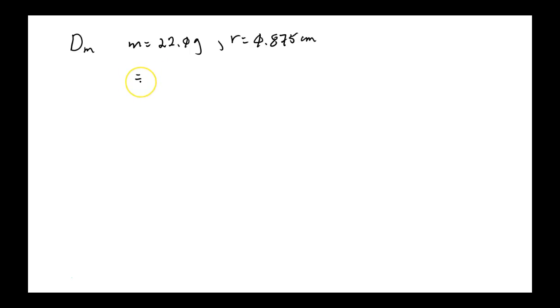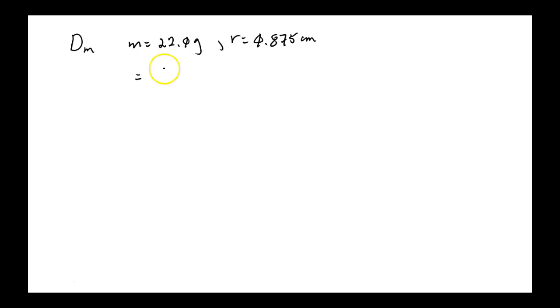What is that mass in kilograms? Any ideas? It's pretty easy to do. We can use our conversion factor if you want to. Should we use the conversion factor? Okay.